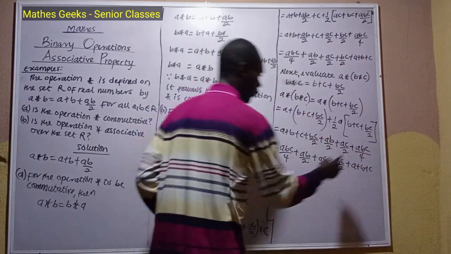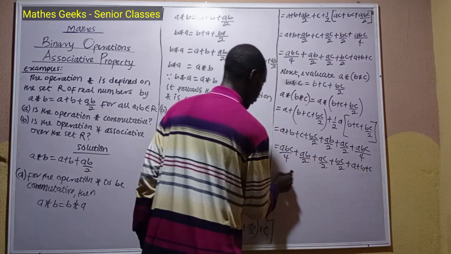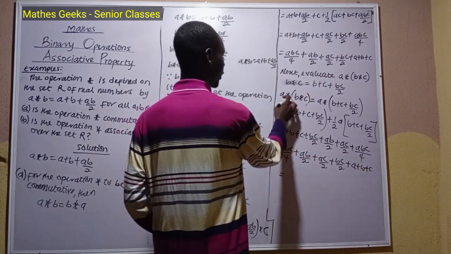What can we conclude from this? Remember what we did here is A star (B star C).